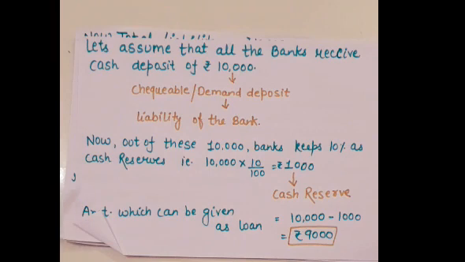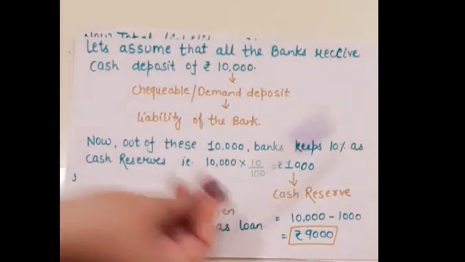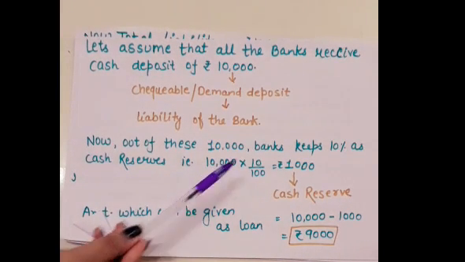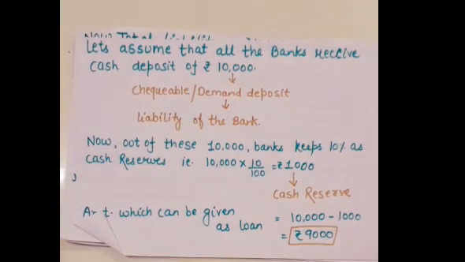Let's assume that 10% is kept as the cash reserve. Out of 10,000, 10% is rupees 1,000. ठीक है. So 10,000 का 10% जो है that is 1,000. It is kept as the cash reserve.